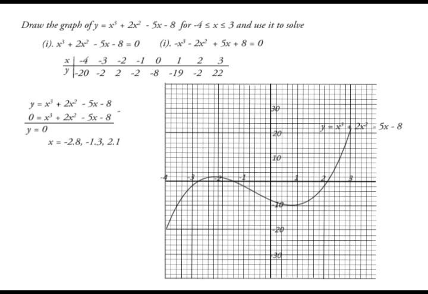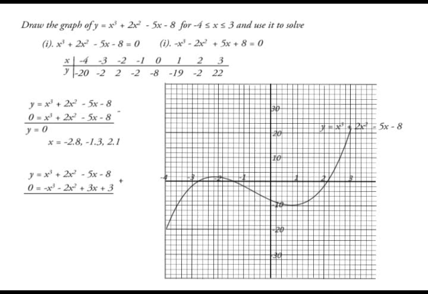Next, we rearrange and compare the equations. y = x³ + 2x² - 5x - 8, and 0 = -x³ - 2x² - 3x + 3. We need to eliminate the cubic function and the quadratic function. We can do that by adding the two, because if we subtract, we will not eliminate them.